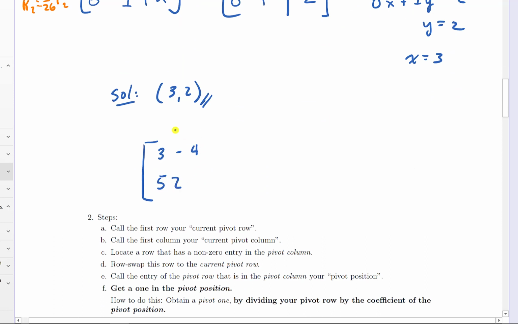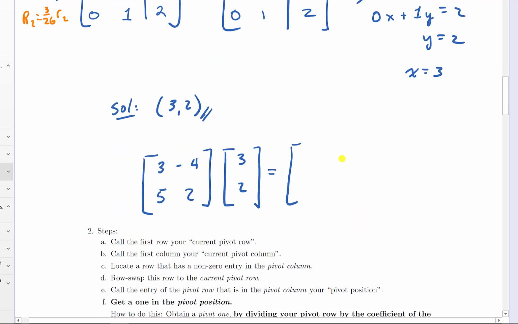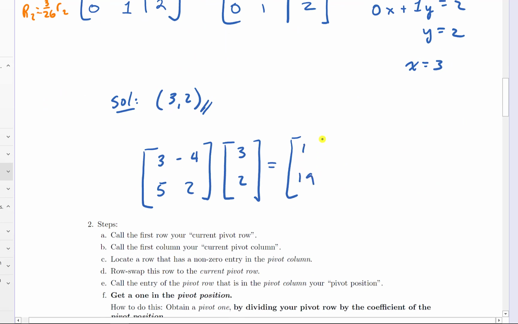If I took this coefficient matrix here, 3, -4, 5, and 2, and multiplied it to our solution vector, you can confirm through matrix multiplication that this is a 2 by 2, and we're multiplying it to a 2 by 1, and sure enough the result is a 2 by 1, and you can check through matrix multiplication that we end up getting the solutions as desired.